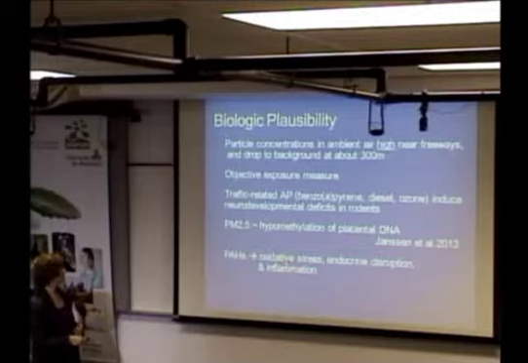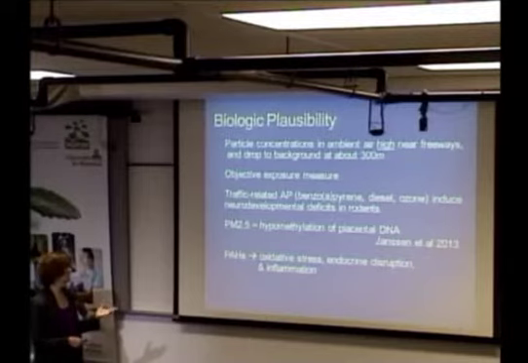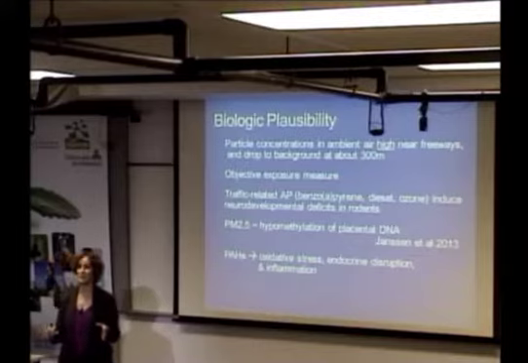There's also PAHs are known to induce oxidative stress. They can be endocrine disrupting and induce inflammation. And inflammation actually is one of the theories about autism, that it's a neuroinflammatory process going on in the brain.